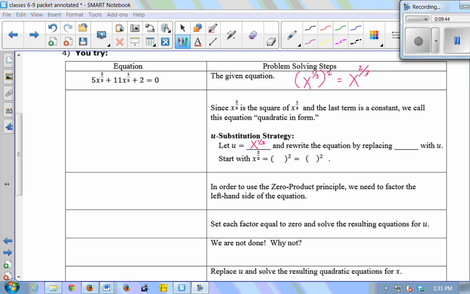So if I let u be my x to the 1/3, so I'm going to replace x to the 1/3 with u. That means that x to the 2/3, since we know that that's x to the 1/3 squared, ends up being u squared. So if I let u be x to the 1/3, this says 5u squared plus 11u plus 2 equals 0.